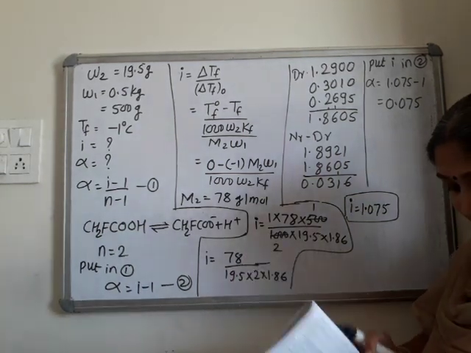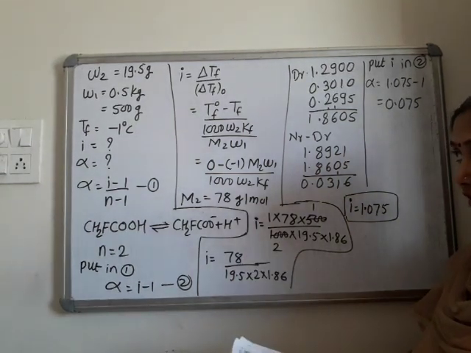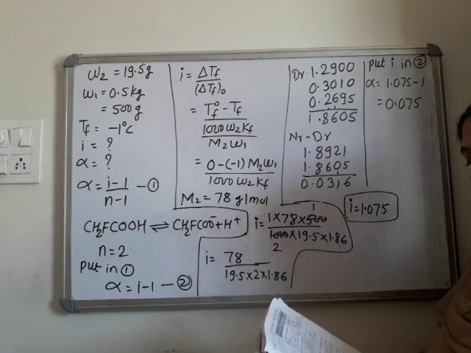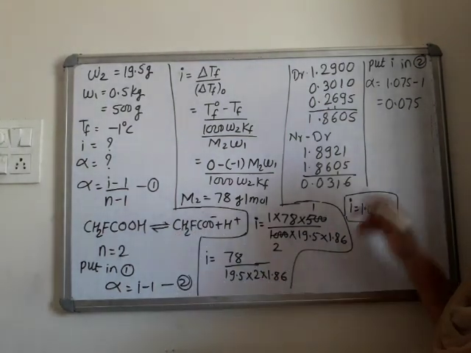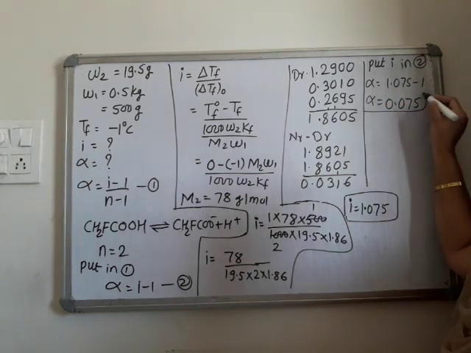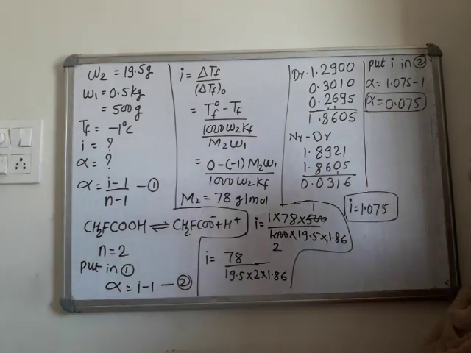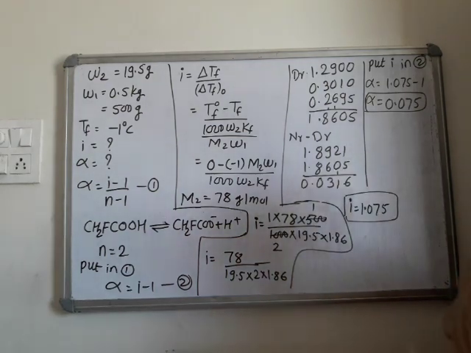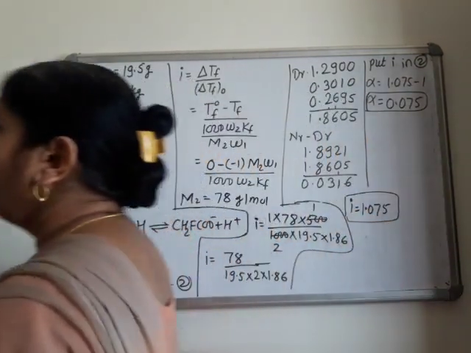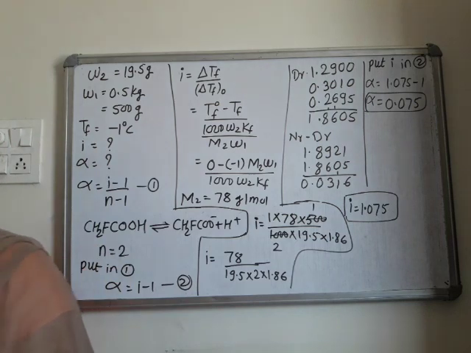If we convert this into percent alpha... they have not asked percent alpha, they ask simply alpha. So yes, this is the answer. Alpha is 0.075. This is the degree of dissociation of monofluoroacetic acid. Write this.